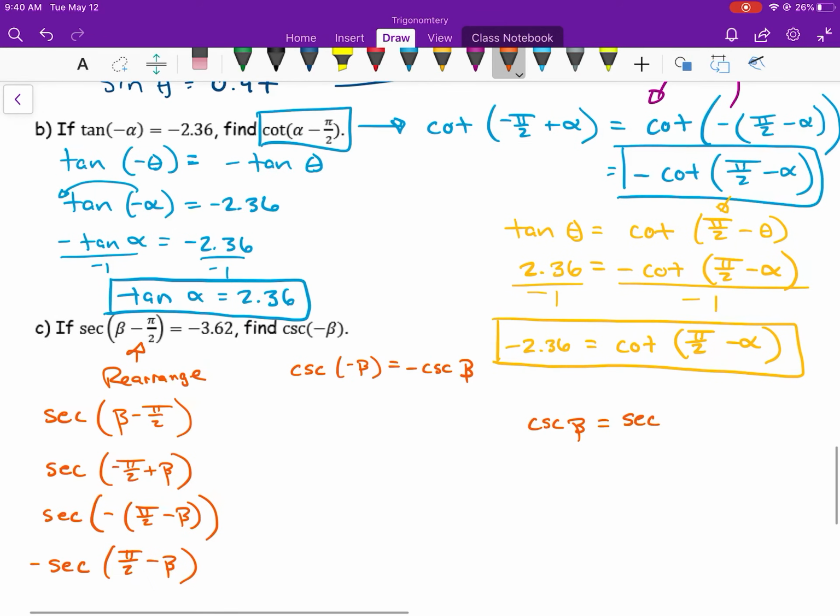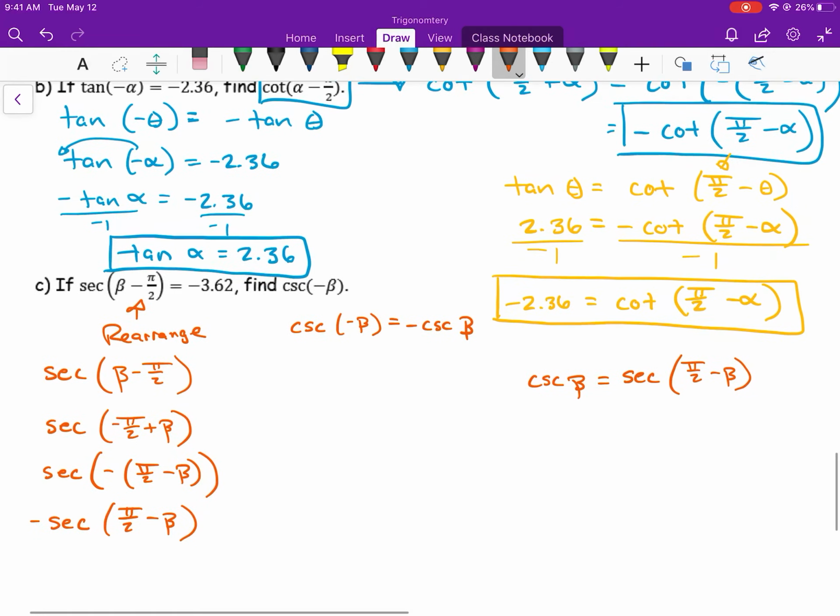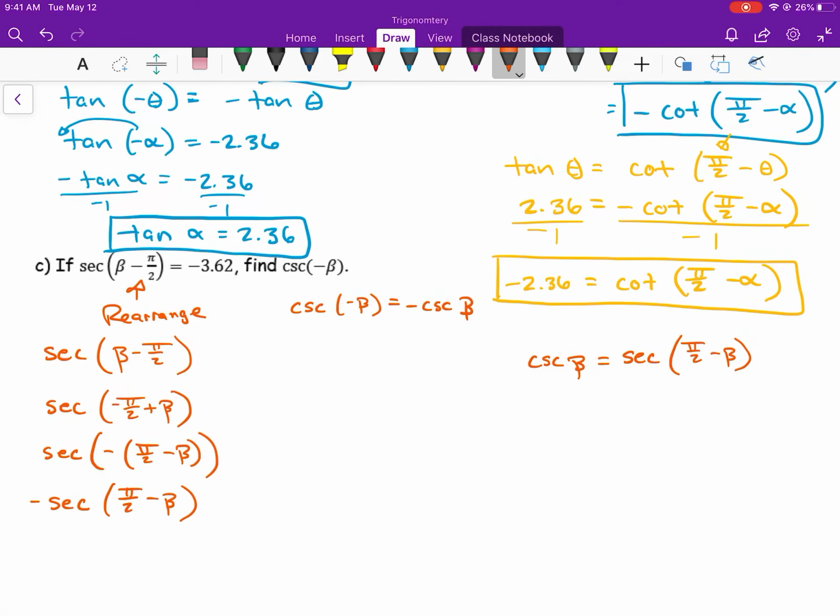Okay, back. Secant of pi over 2 minus beta. Put a pause on that, and I'll come back to right here. I know this is equal to negative 3.62. Divide by negative 1. Secant of pi over 2 minus beta is equal to 3.62.